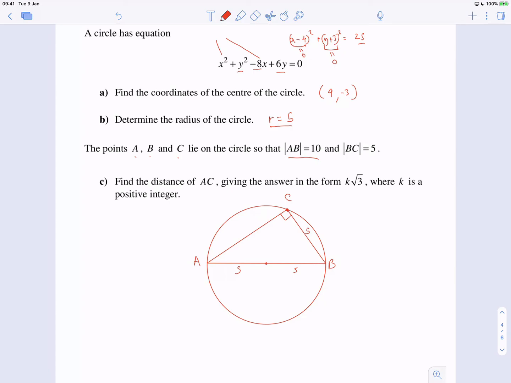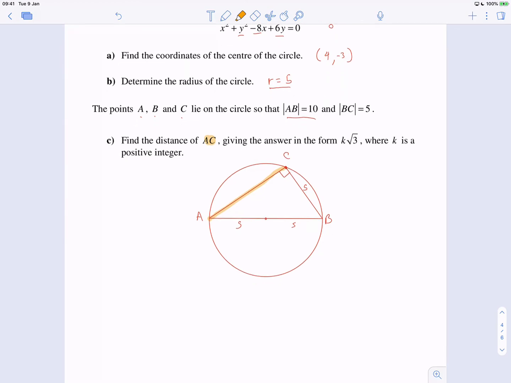And now this is actually really good because if I want to work out what AC is, I just work out this bit. And if you think very carefully, I've got a right angled triangle here. And if I spin it, C is here, A is the long bit, that's B. 10 is the hypotenuse, and B to C, oops, it's not C, it's 5.